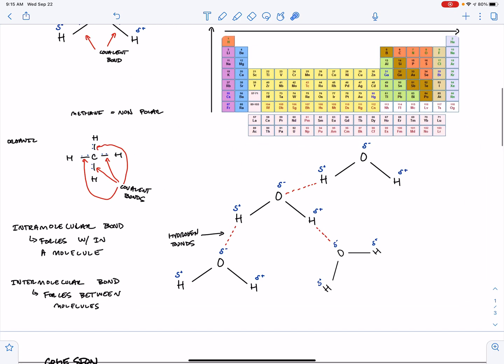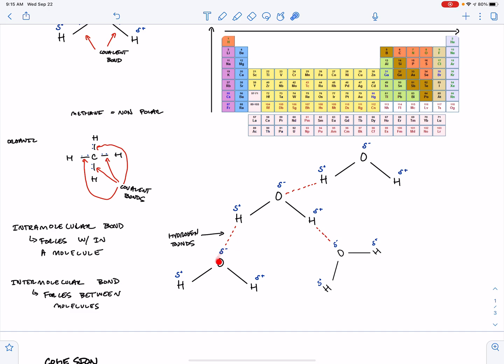Okay, so this gives water its very cool property of the ability to form hydrogen bonds. And we see this when we get multiple water molecules together. This is an example of an intermolecular force or an intermolecular bond because it's between different water molecules.